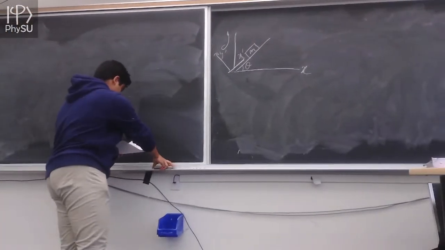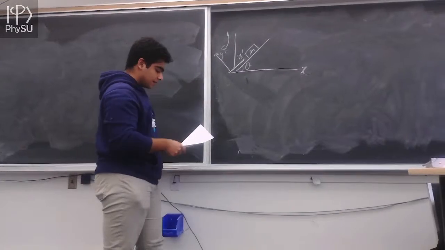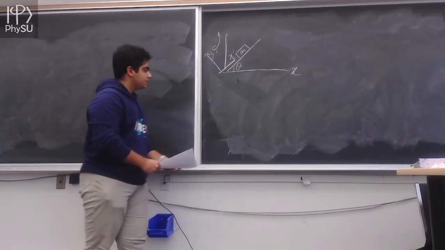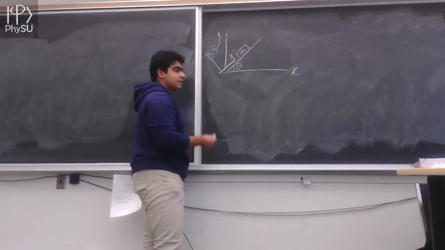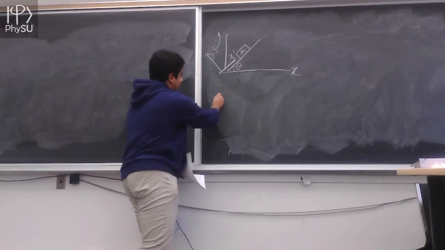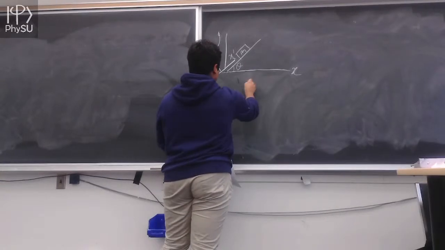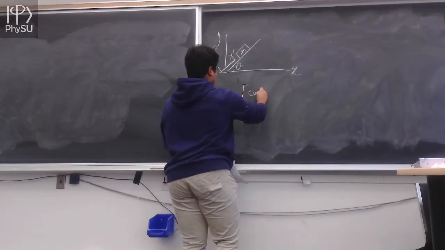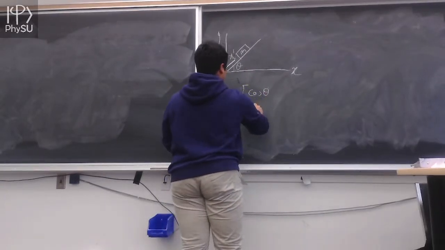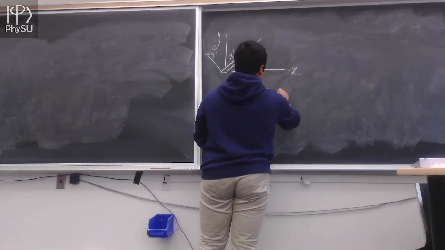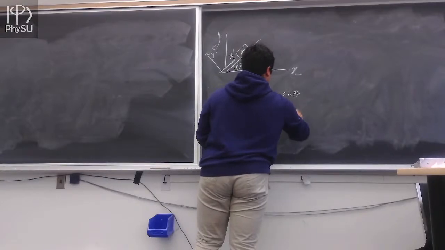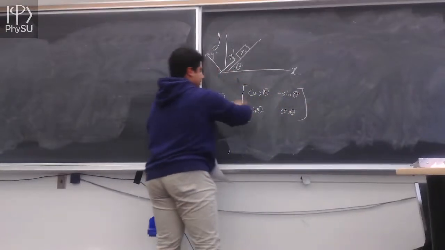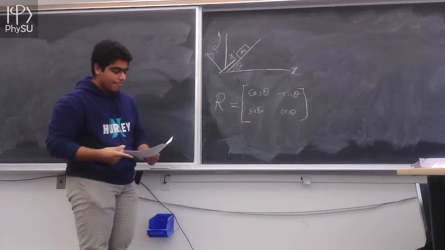To understand that, I want to dive a little into this. If you've done some linear algebra, you'd know that we have a rotation matrix, which, if we're rotating a vector by some angle theta clockwise, would be the rotation matrix for it.